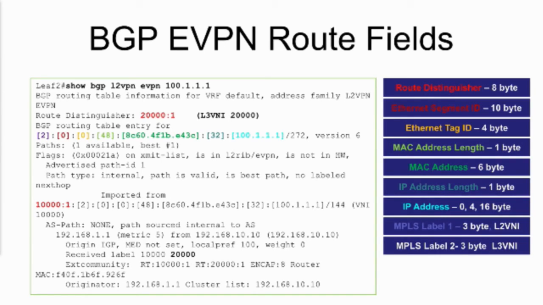At the bottom, you're not just seeing one label, now you're seeing 2 labels. One is for the layer 2 VNI, and the other one is for the layer 3 VNI. So in the EVPN route fields, you have label 1, which is L2 VNI, and label 2, which is the layer 3 VNI. This is how the information is exchanged over EVPN, and you can perform VxLAN routing using BGP.